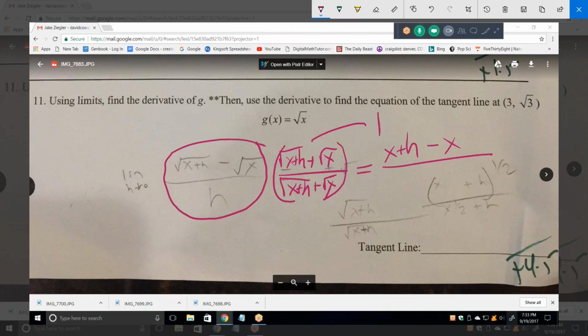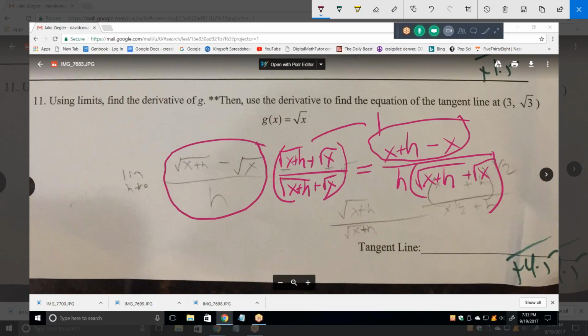What's my denominator? h times the conjugate. You with me? Yep. What does the numerator become? The numerator is that. Simplify it. Oh, just h.